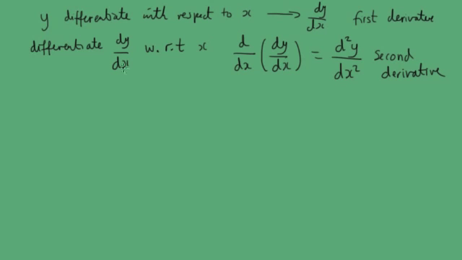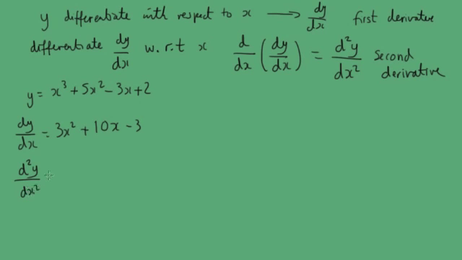We differentiate dy by dx in exactly the same way as we would any function. The rules don't change. So let's say we had y equal to x cubed plus 5x squared minus 3x plus 2. So dy by dx would be 3x squared plus 10x minus 3. And the second derivative, d2y by dx squared, is going to be, well, 2 times 3 is 6, x plus 10.